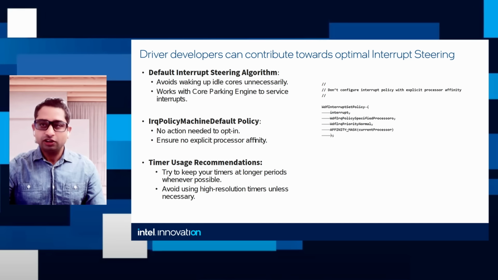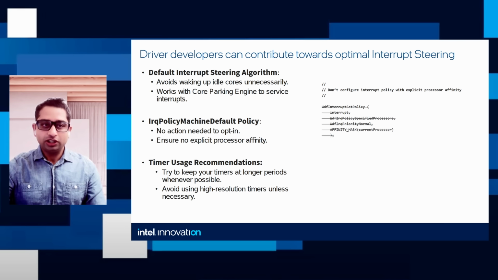One crucial method for optimizing performance on Windows is through optimal interrupt steering. The Windows default interrupt steering algorithm aims to avoid unnecessary wake-ups of idle cores and avoids interfering with the performance cores when they are not needed, particularly on hybrid platforms. This strategy is essential for maintaining both performance and power efficiency.